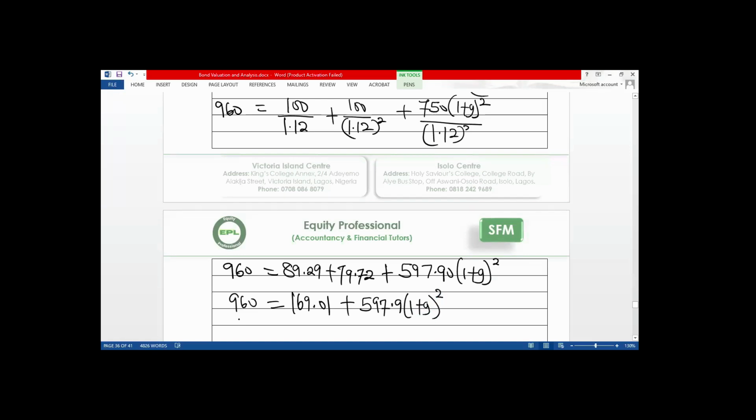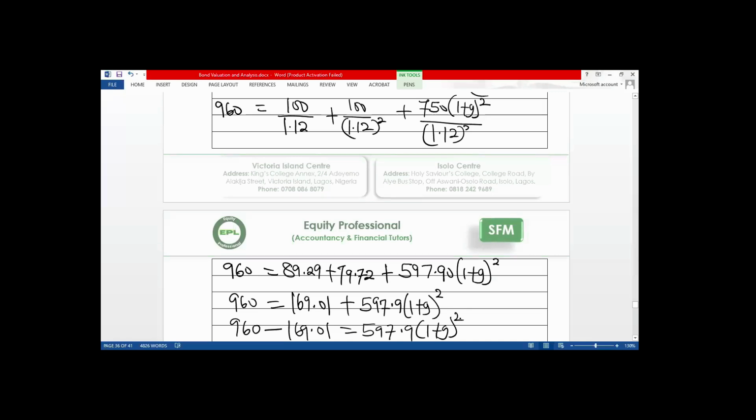What next? We can collect like terms. 960 minus 169.01 is equal to 597.9 bracket 1 plus G raised to power 2.